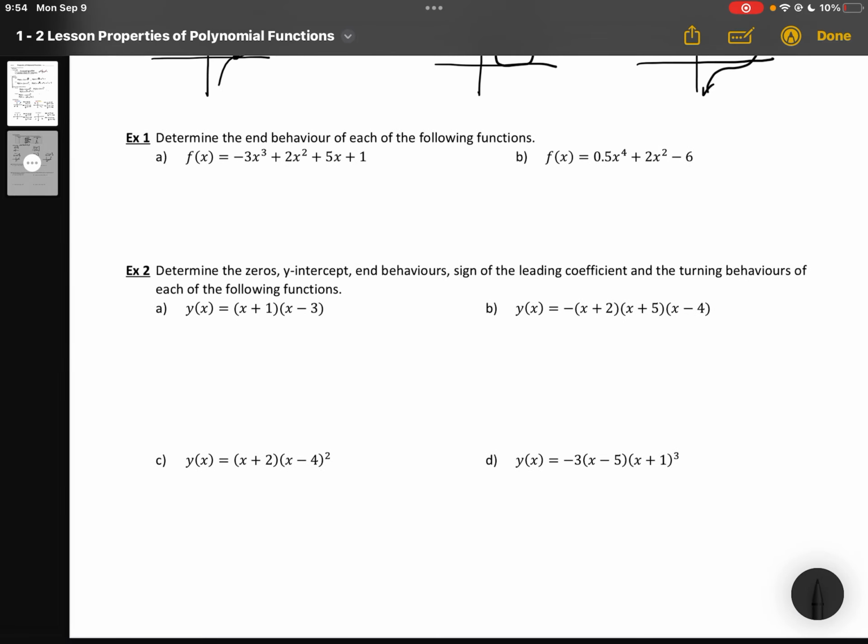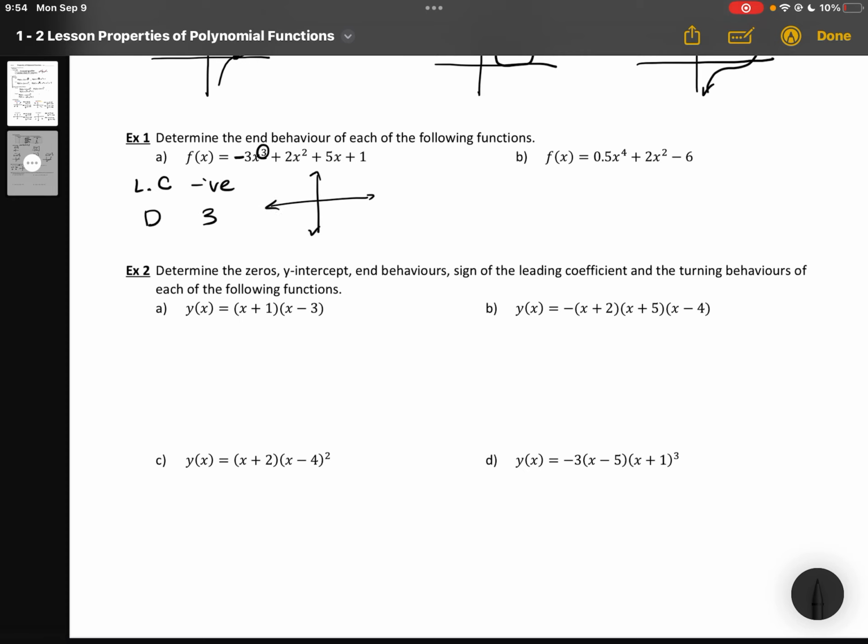So here we're going to determine the end behavior of the following functions. To determine the end behavior, we need to know the leading coefficient and we need to know the degree. So our leading coefficient here is negative and our degree is 3. So that means that we've got an odd polynomial.